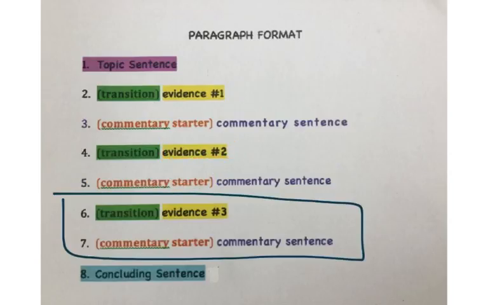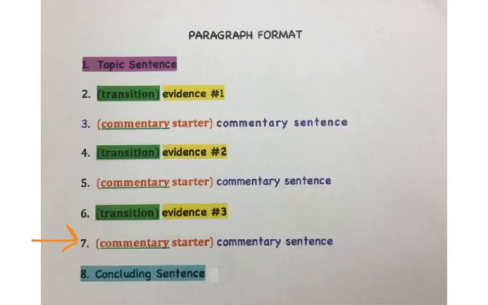Since you're probably noticing the pattern, you should see that sentence 6 will start with another transition word. It cannot be the same as the one you used in sentence 4, and it can't be the same as the one you used in sentence 2. So you will have a third transition word that you will choose, a different one, followed by your third piece of text evidence to prove whatever your claim is that you've made in your topic sentence.